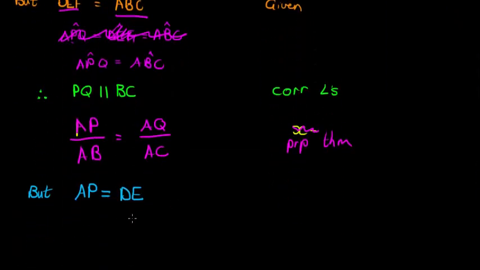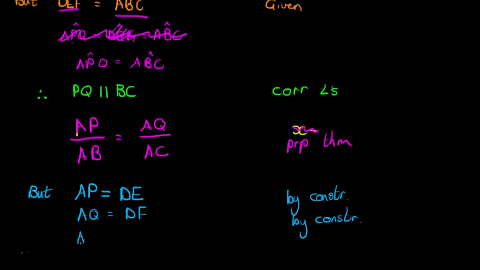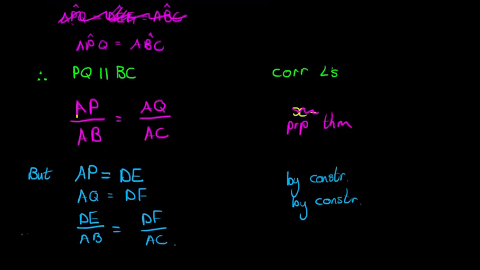So in other words, we can now go and replace it back. AP is equal to DE by construction or from congruence. And the same goes with AQ. AQ is equal to DF, also by construction or from congruence. So then we have that DE over AB is equal to DF over AC. And we've proven that equiangular triangles are similar.